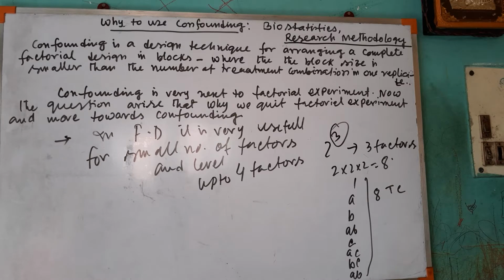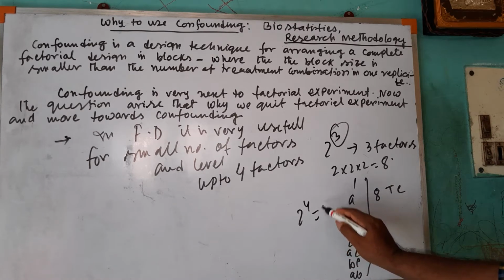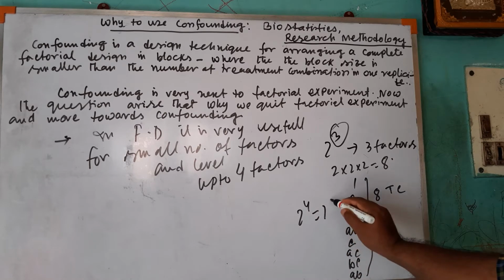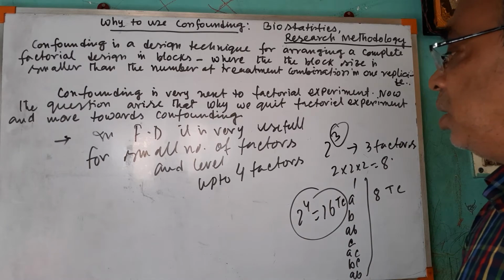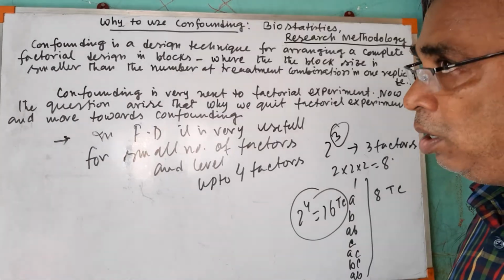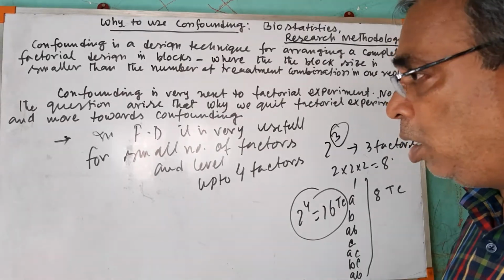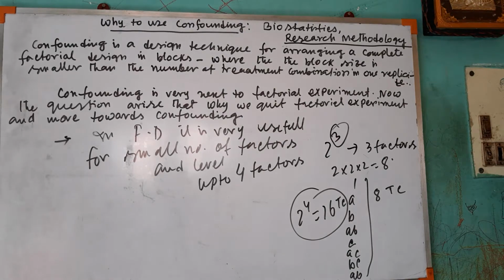Each factor having 2 levels, like 2 to the power 4, gives 16 treatment combinations. Up to 16 treatment combinations, factorial design is very much appreciable.